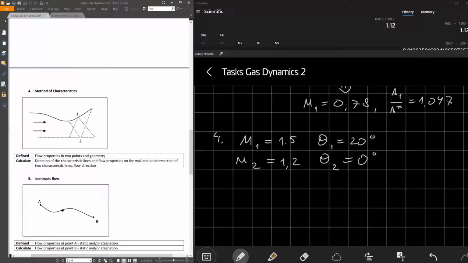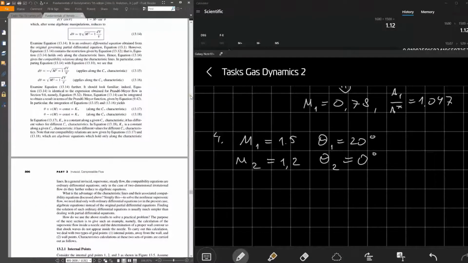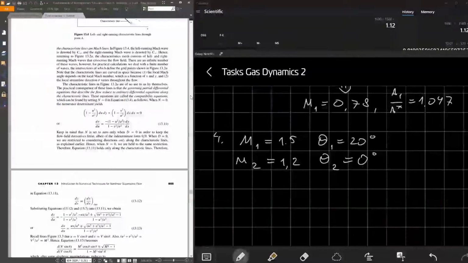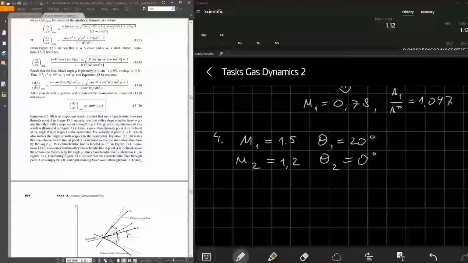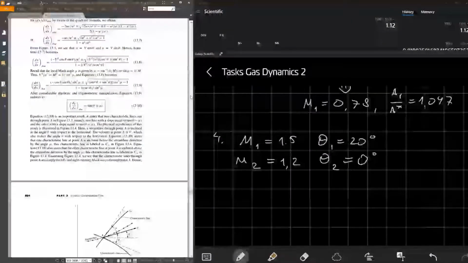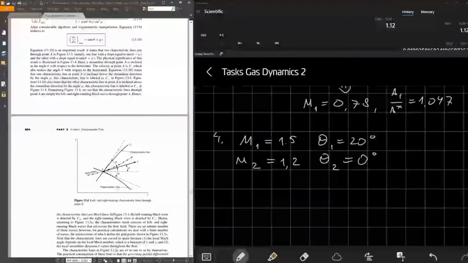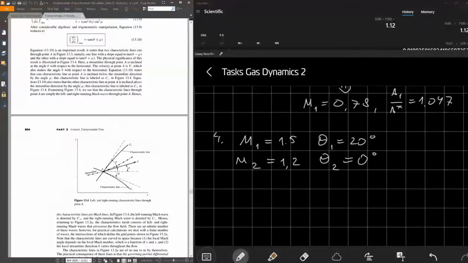Based on this data, we can calculate the direction of the characteristic lines, the angle of inclination of the characteristic lines, which is given by the Mach angle. Explanation about the direction of characteristic lines is given here.